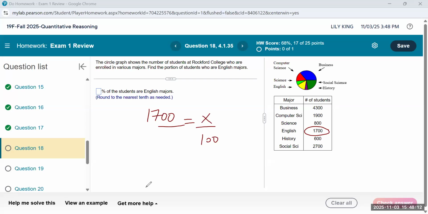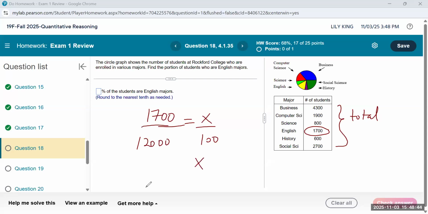And then the total is going to be the total number of students at Rockford College. So you add up all these values together. 4,300 plus 1,900 plus 800 plus 1,700 plus 600 plus 2,700. So we have a total of 12,000 students.